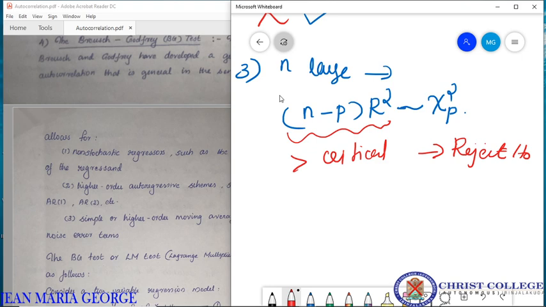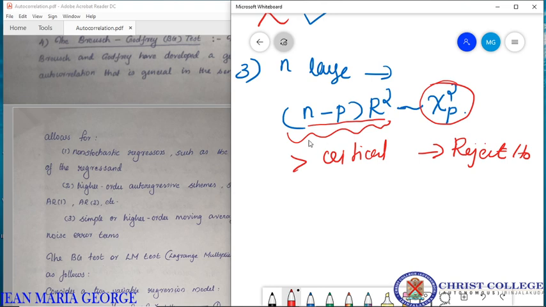Find the error term, then run the auxiliary regression and find the R square value. Then compute (n minus p) times R square, and if it is greater than the critical value from the chi-square table, we reject the null hypothesis.